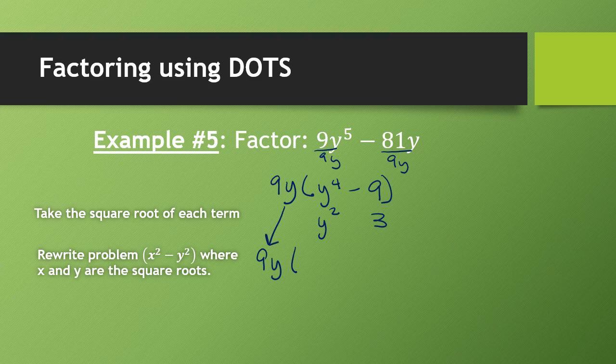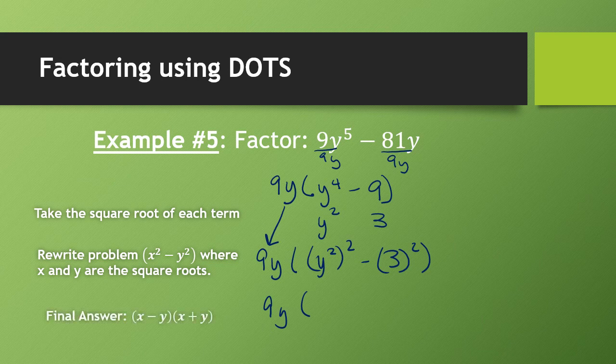Don't get lazy and not write it because eventually you'll lose it. You have y squared squared minus 3 squared. So now I have 9y, and this is going to be x minus y times x plus y. So this is going to be y squared minus 3 times y squared plus 3.